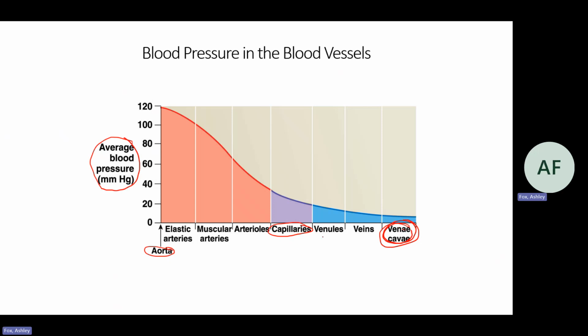You're still decreasing, but now you're increasing in size. So this is going to be this big, and this is going to be this big. So even though you decrease pressure in the capillaries for exchange, as you're getting to larger and larger blood vessels, again, you're decreasing resistance.